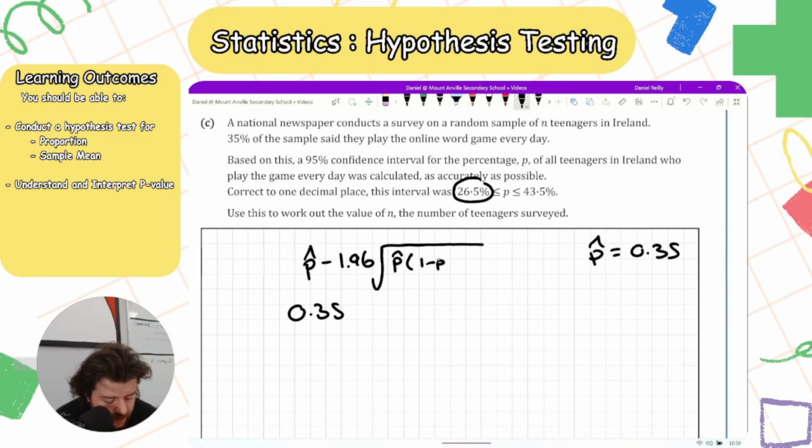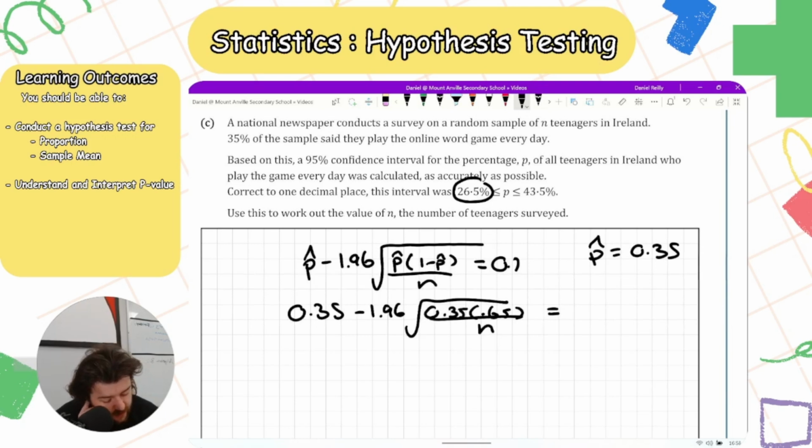There you go. So p hat times 1 minus p hat. So minus 1.96 times the square root of 0.35 times 1 minus 0.35, which is 0.65, all over n is equal to 0.265. So bring over the 0.35.